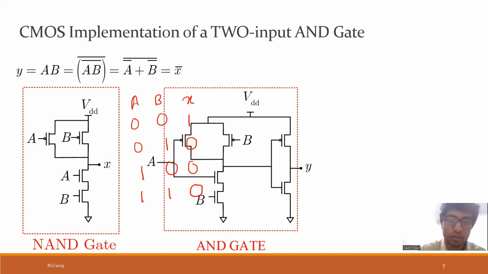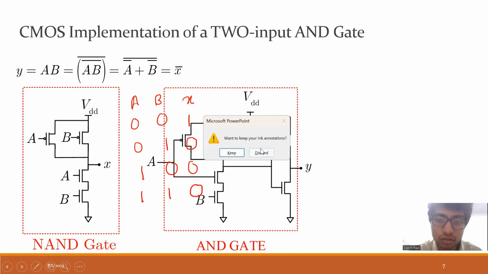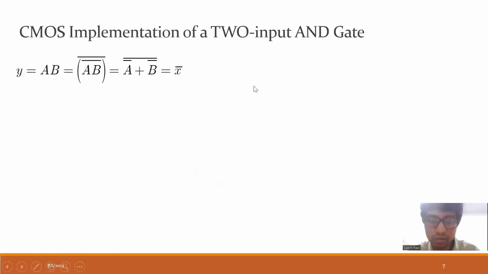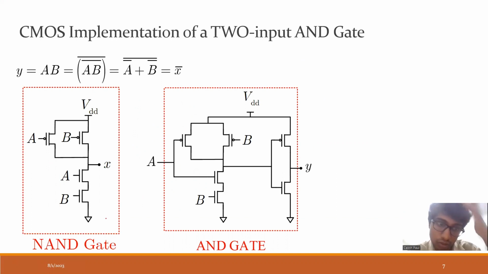Now we will go to an AND gate. So we have seen that this is inverting the logic. Okay. So now after this NAND gate, this is the same NAND gate.